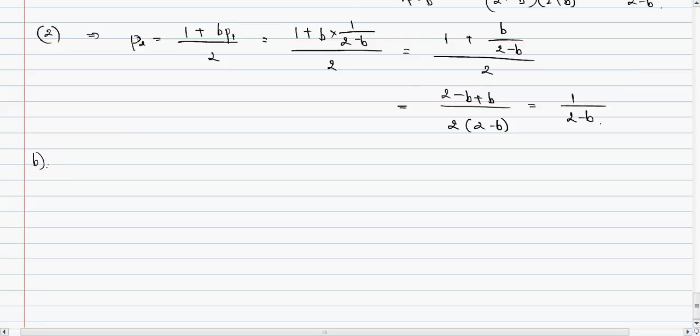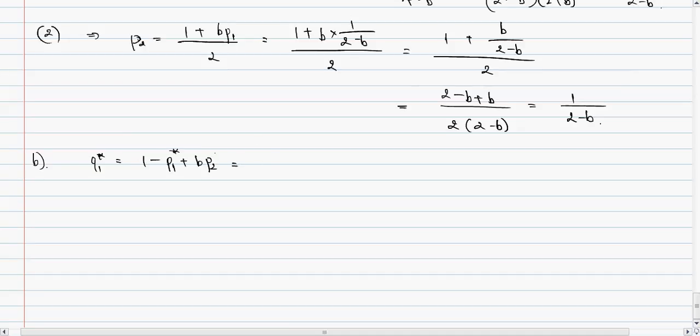Maybe compute the firm output and the profits. Okay, so we know the price P1 and P2. Substitute back into the quantity function, and you will be able to find the quantity chosen by each of the firms. So quantity Q1 equals 1 minus P1 plus B of P2.